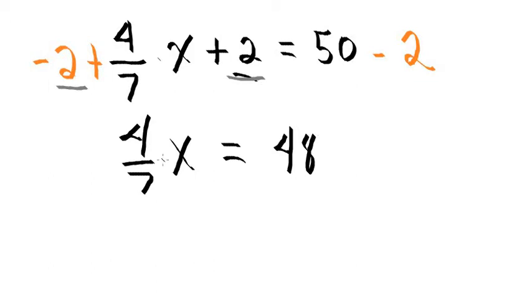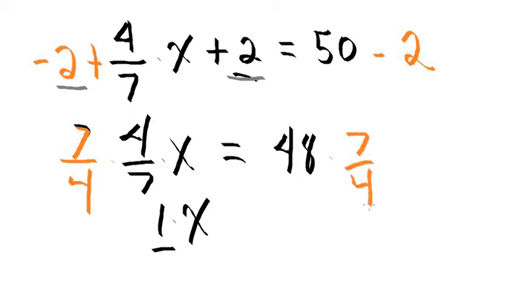Now once again, we want to get this coefficient of 1 here, and in order to do that, we're going to multiply here. Let's go back and use a different color. We multiply by the reciprocal, which is 7/4. And what we do to the left, we got to do to the right also.